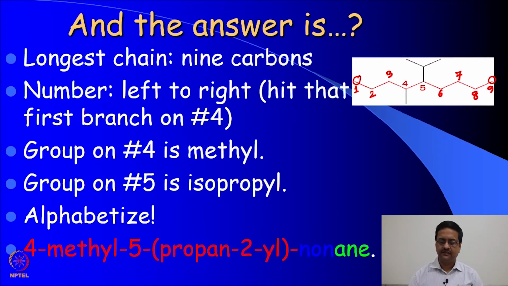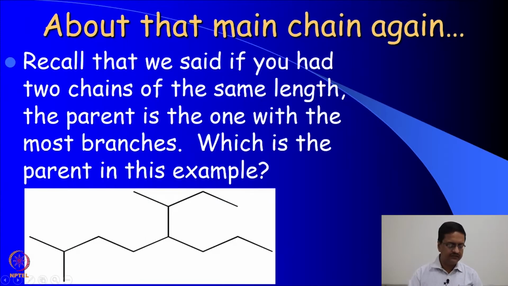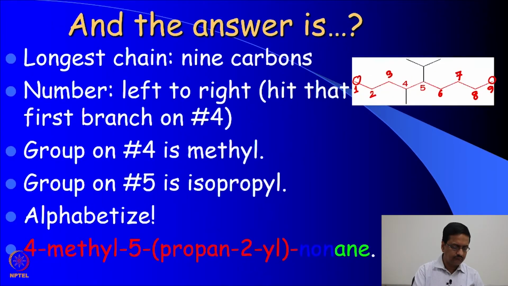So, it means that the molecule is a 9 carbon hydrocarbon and it is called then nonane. Now, we need to find out the substitutions that are present.